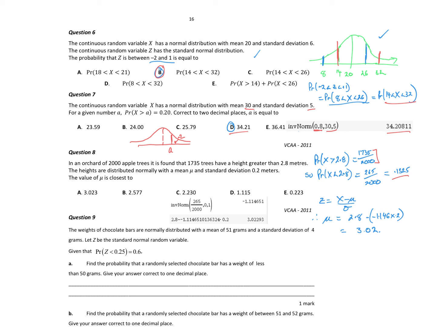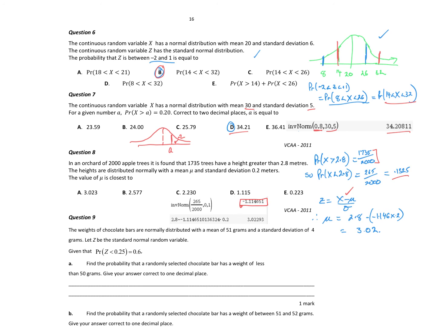So I know that 13.25% of my population is below 2.8. What's an equivalent Z value for that? It's here in my CAS, which is negative 1.1146 standard deviations below the mean.